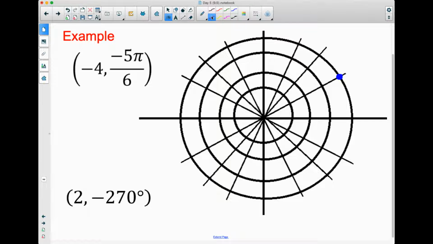If I go -270 degrees, and my radius is 2, so I count 1, 2.